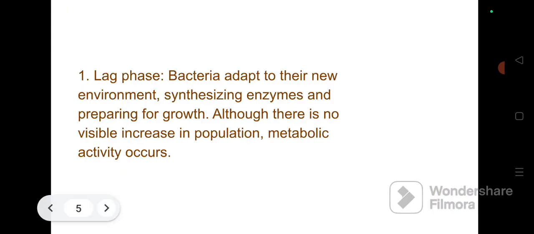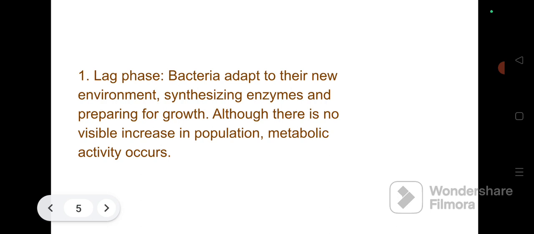The first phase, the lag phase, is a phase where the bacteria adapt to the environment. So you may have taken a natural sample from which you have inoculated bacteria in a flask, or you may have transferred bacteria from one medium to another medium. So in this phase, the bacterial cells try to adapt to the new environment and the nutrients present in it.